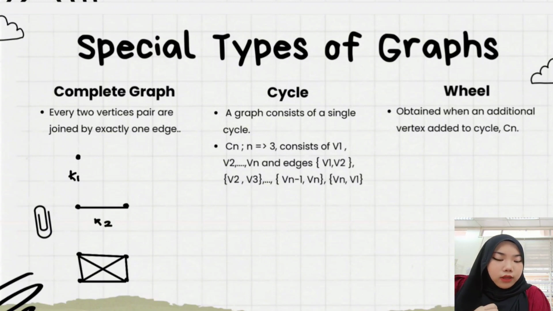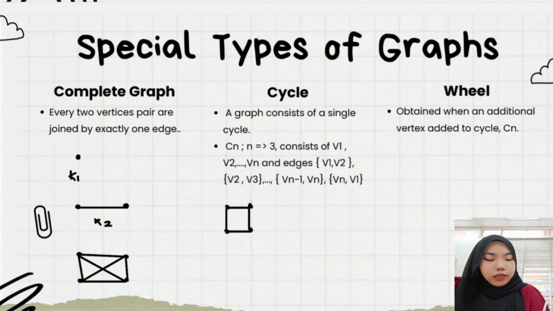The second one is cycle graph, a graph that consists of a single cycle. For example, like this is a cycle graph because it is a single cycle where you start here and then you finish here too. Another example is like this.